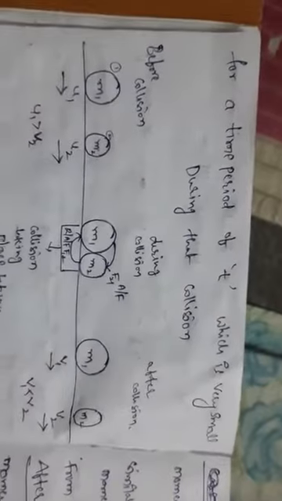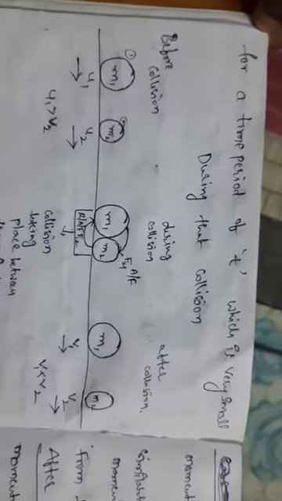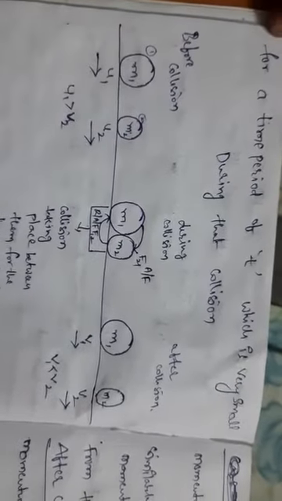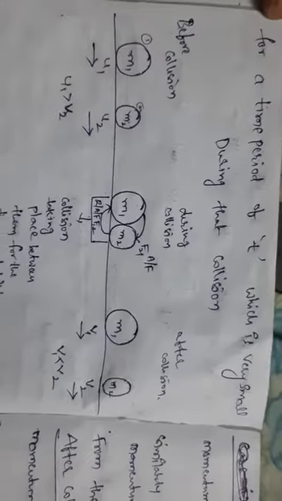Right, so all of you see the screen carefully. Here we have a diagram which helps us to understand the law of conservation of momentum. I will explain that diagram later.